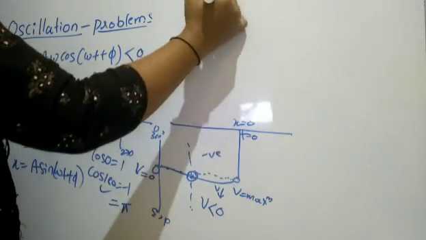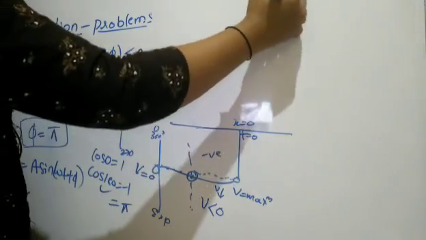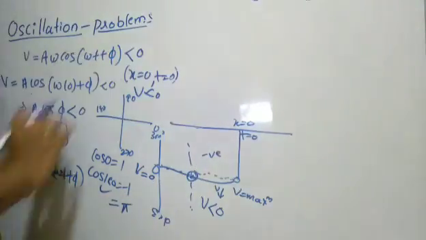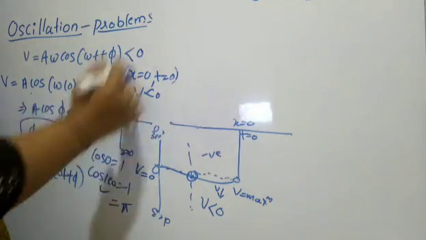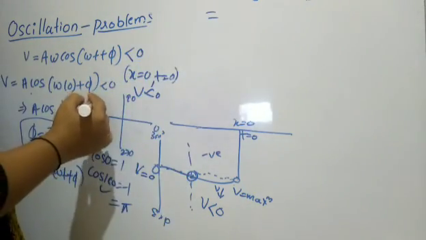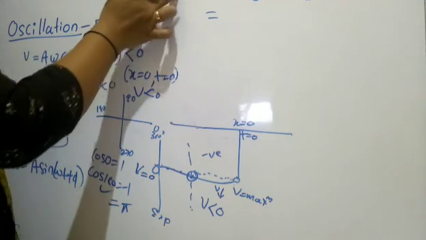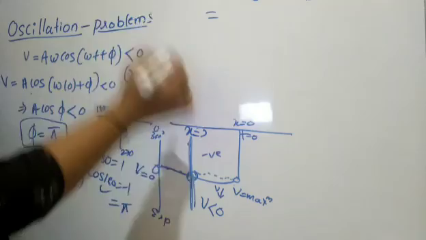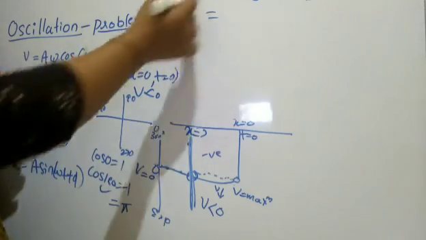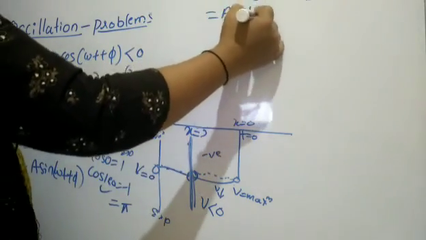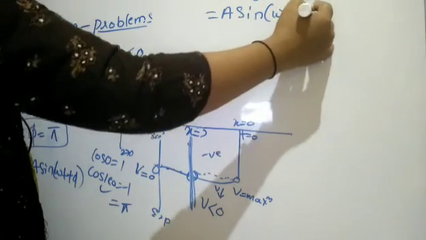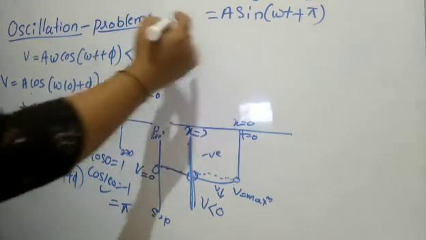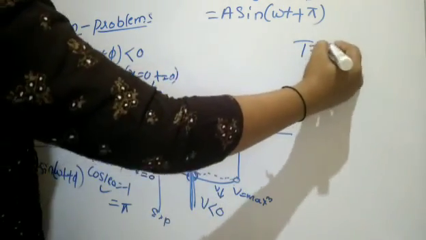So x is equal to a sin(omega t plus phi). Phi we have already taken as pi, which we got in the previous step. We need to find the condition of x here, so it remains a sin(omega t plus phi). The time period given is 4 seconds.